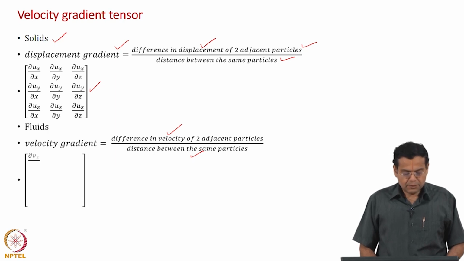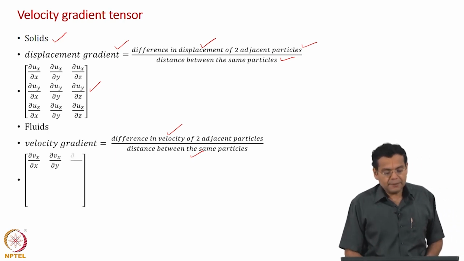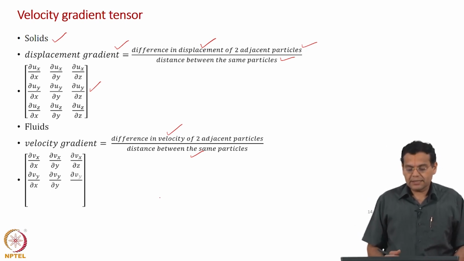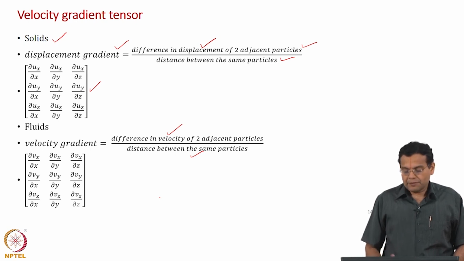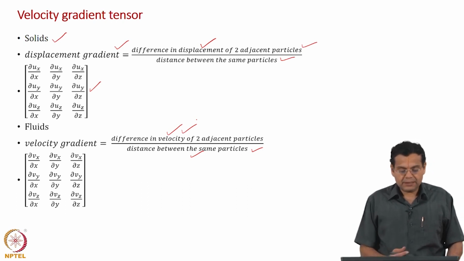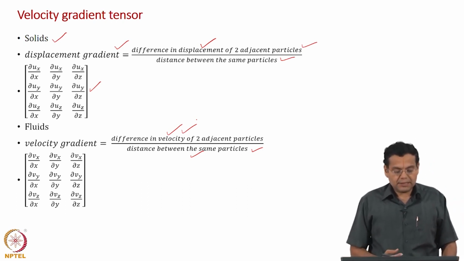Now you can analogously write the velocity gradient tensor. Once again it is a tensor. The reason is we can consider the particles along the x, y, z directions and the difference in velocity can be along once again x, y, z directions, resulting in a velocity gradient tensor.